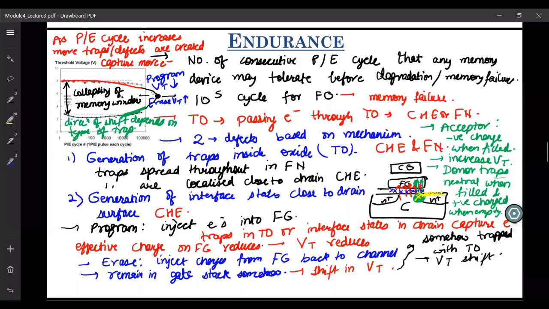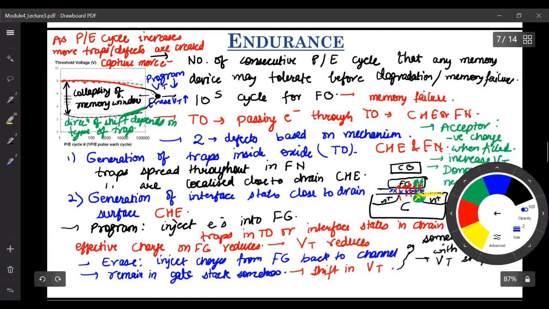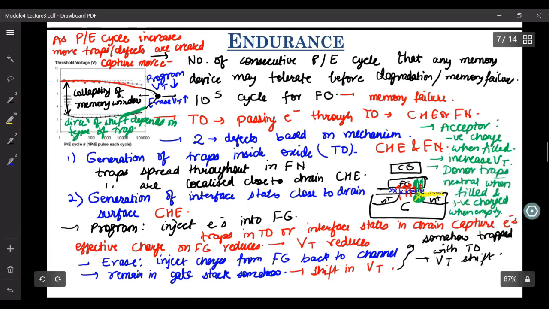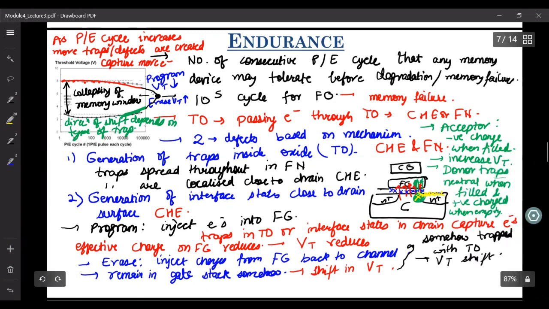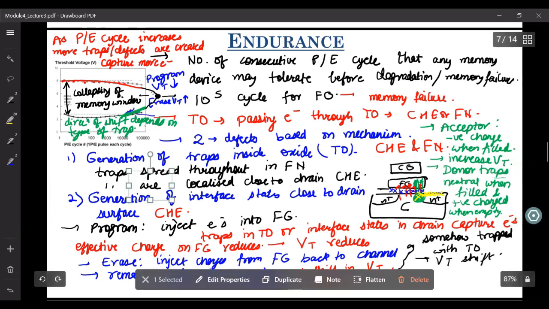If you have a positive charge in your gate oxide or gate stack, it will also reduce the erasability. So in that case, if the traps generated are donor traps and most of them are unfilled, then even your erasability may go down. This was the case when your acceptor traps were dominant.